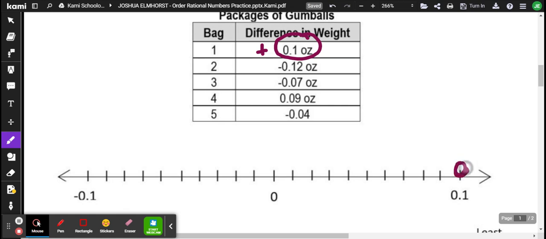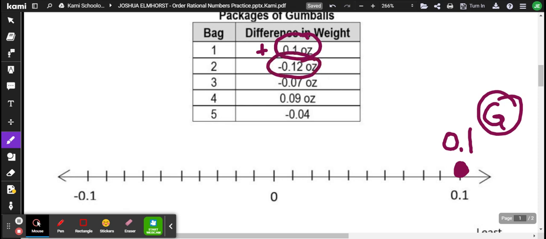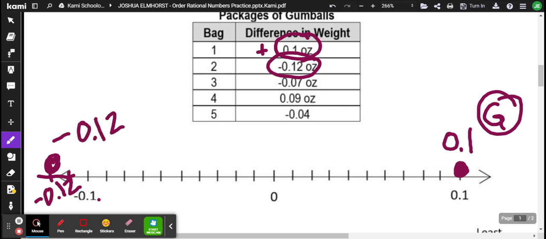So it looks like this is broken up into hundredths place value. 0.1 is going to go over here, and that looks like that is the G. And then we have negative 12 hundredths. And you may have to create the number line a little bit past there. Negative 1, and then a little bit past. So that's going to be negative 12 hundredths.